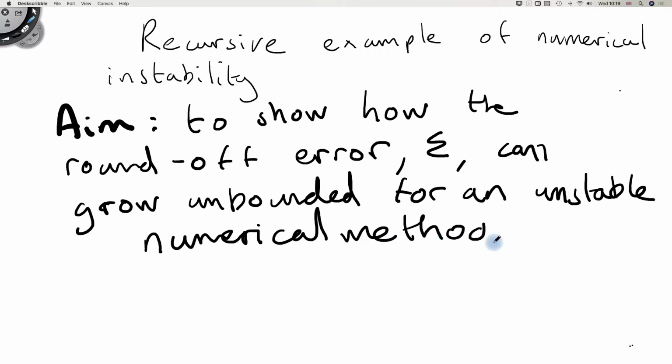So we're going to pick a method that turns out to be unstable when you solve it numerically. This is an example that's been in this module for many years. It's reasonably artificial, but it's a very interesting start at understanding this issue of random error.